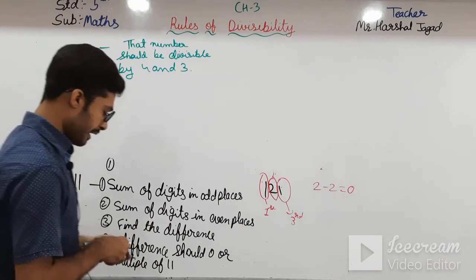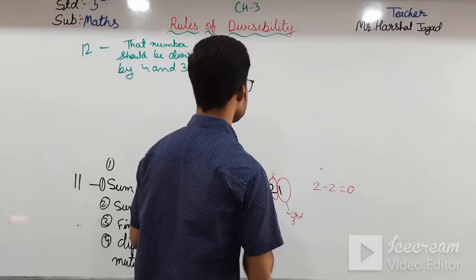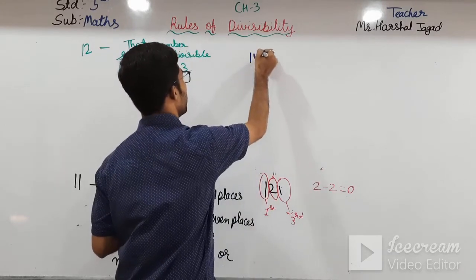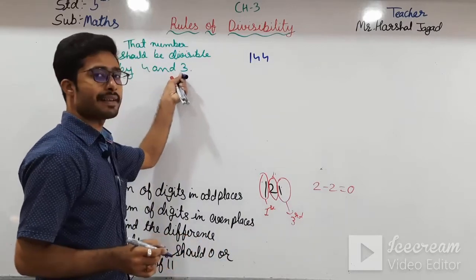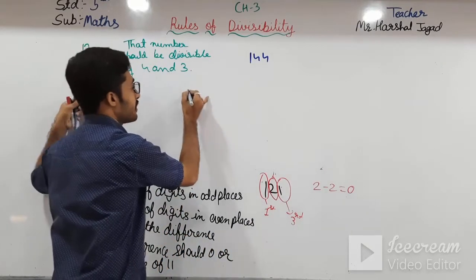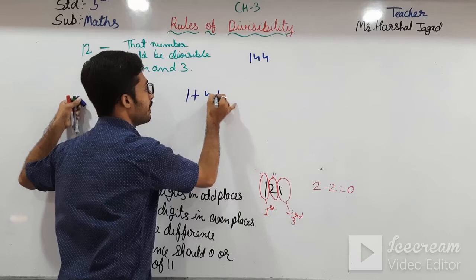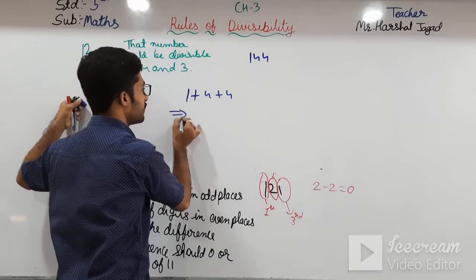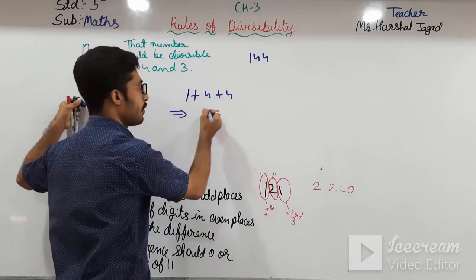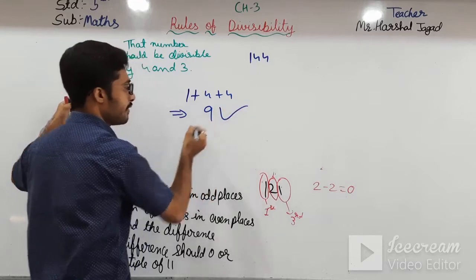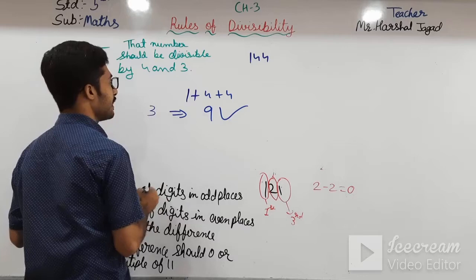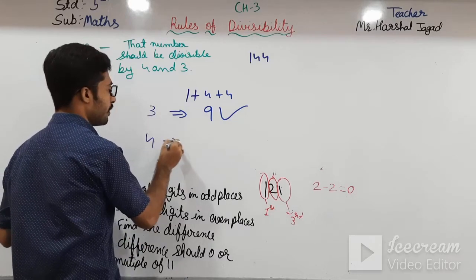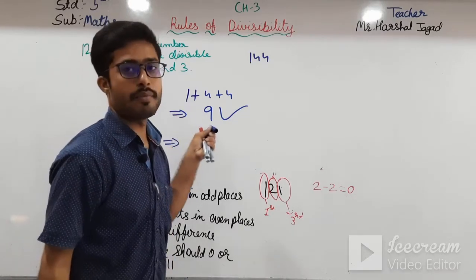So if I take an example, that is 144. First of all, checking the divisibility test of 3. 1 plus 4 plus 4: 1 plus 4 is 5, 5 plus 4 is 9. Yes, it is divisible by 3. Now checking whether it is divisible by 4.